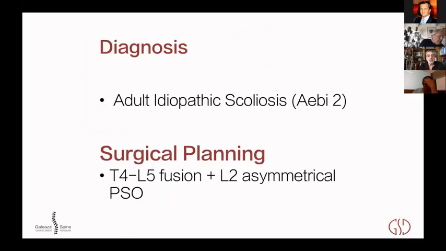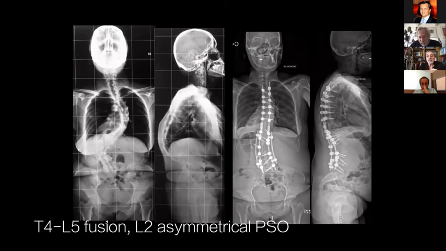Here you can see the picture of the patient. We plan to perform a T4 to L5 fusion plus an L2 asymmetrical PSO, just because once again in this case we try to achieve a good osteotomy. This is the reason why we are so far from L4.